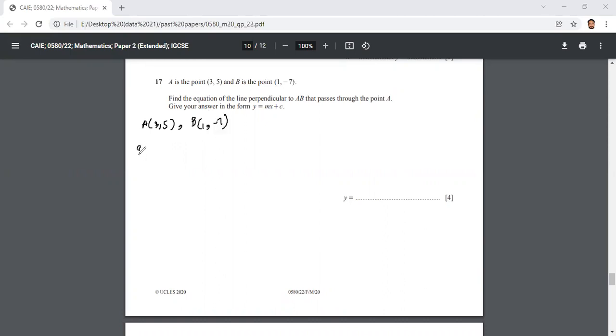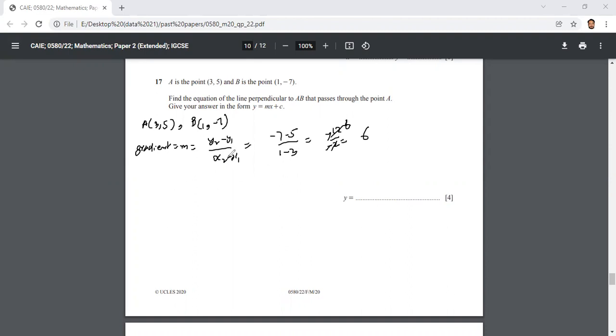So the gradient, we say m, or slope, is y2 minus y1 over x2 minus x1. So it is minus 7 minus 5 over 1 minus 3. That gives us minus 12 over minus 2, which gives me 6 if you simplify.